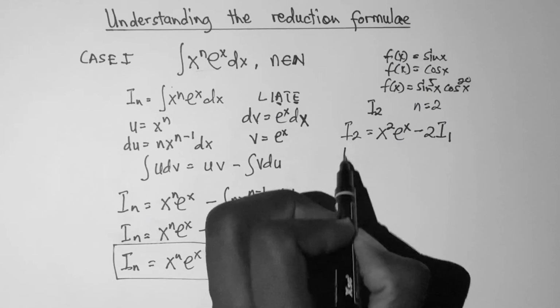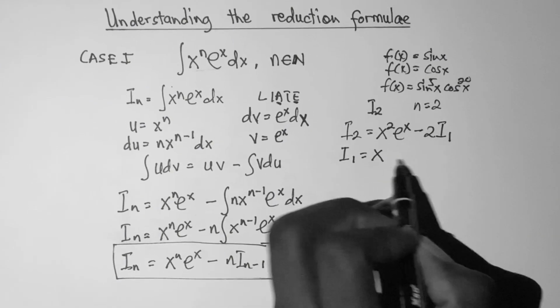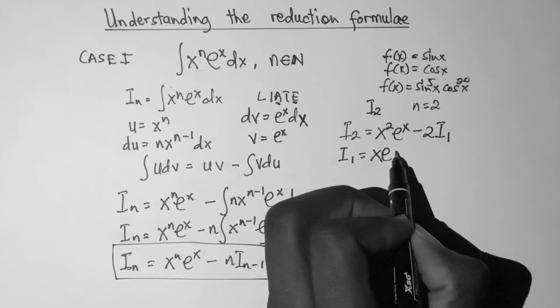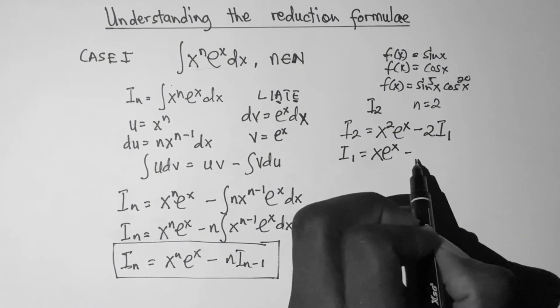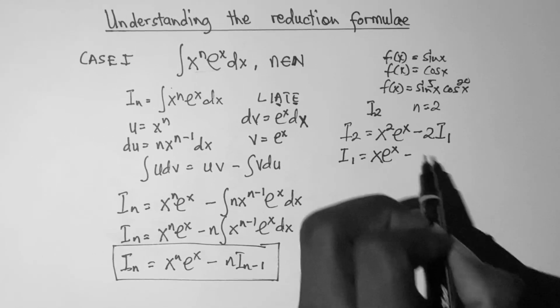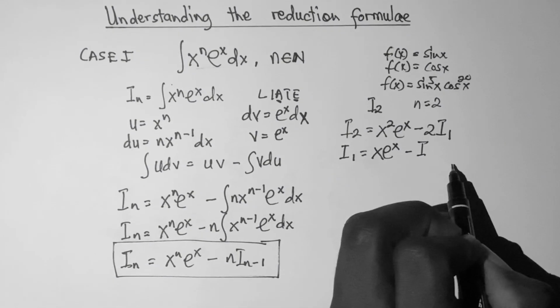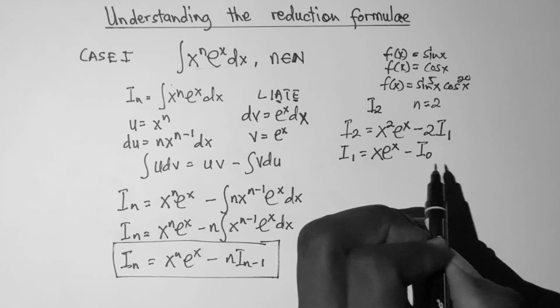Then let's find I of 1. I of 1 is equal to x exponent 1, which is x, then exponent x, minus 1 times I of n minus 1. 1 minus 1 is 0, so it becomes I of 0.